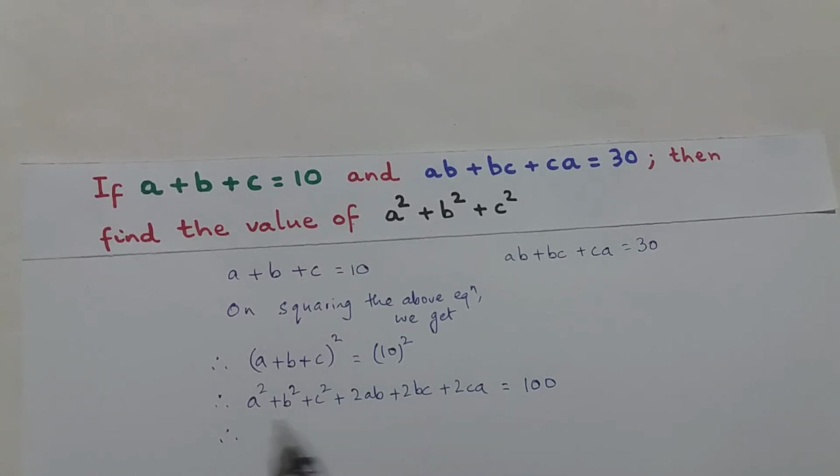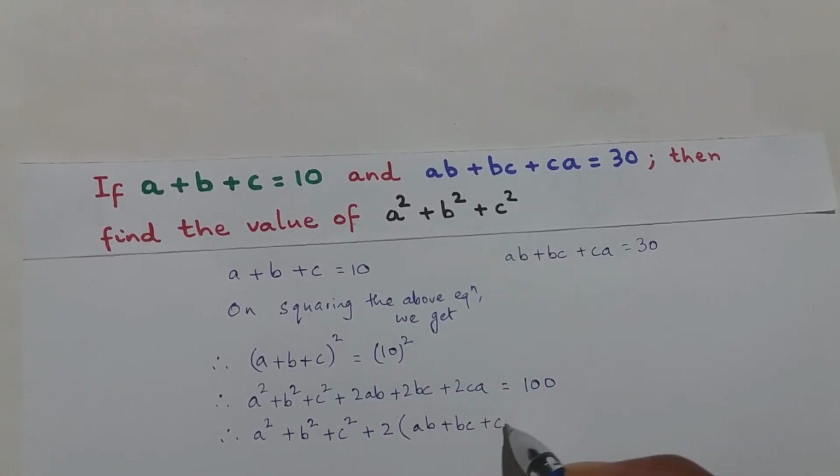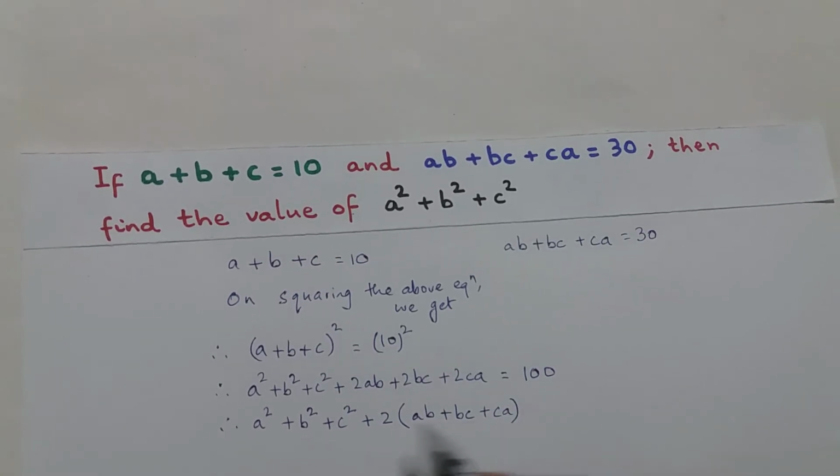Now I can write this expression as A square plus B square plus C square plus 2 multiplied to AB plus BC plus CA.